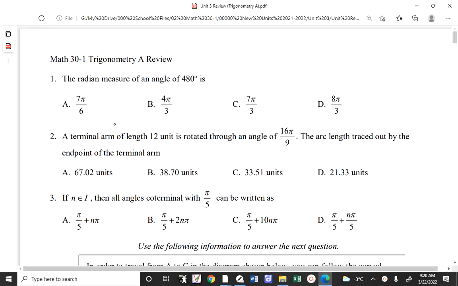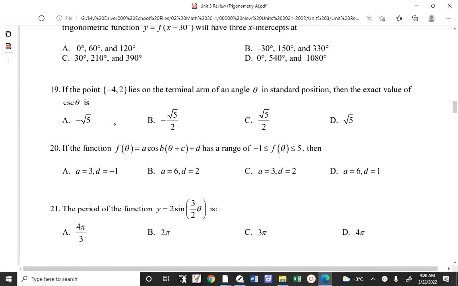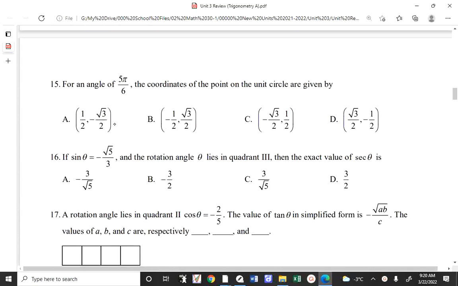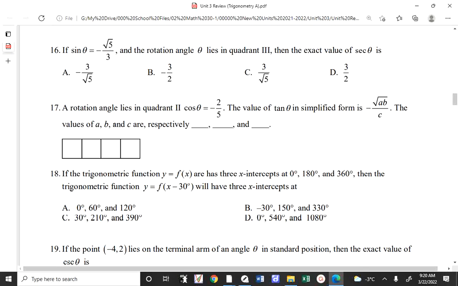Go ahead, Ian. For question 17, wanting in the form root AB, how do we know that the A and the B stand for different numbers or different digits?